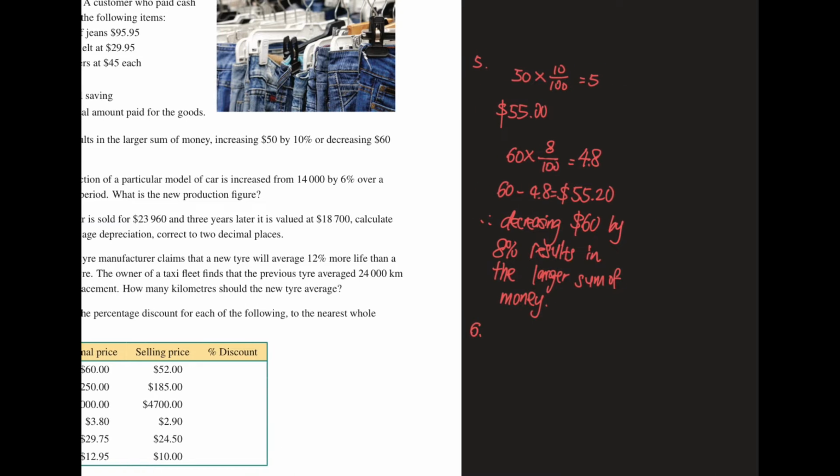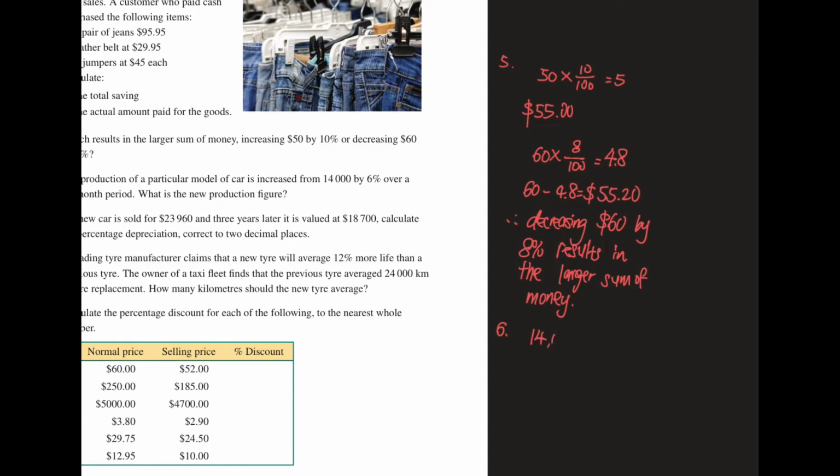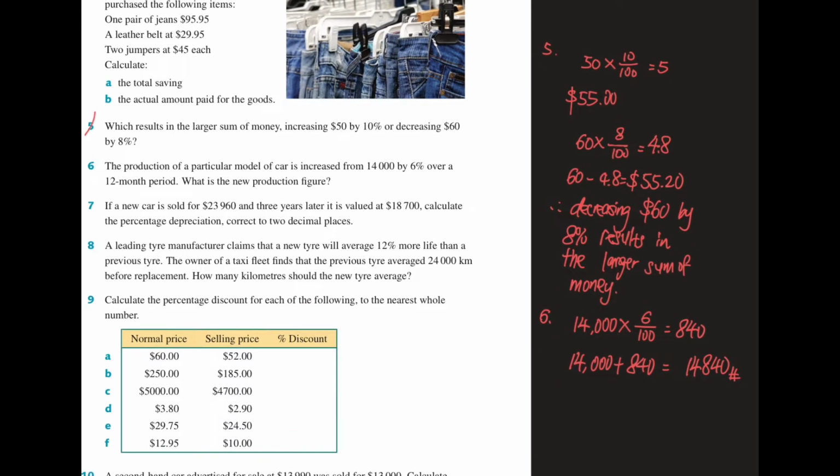So 14,000, 6%, then we get 840. So the new production figure is going to be 14,000 plus 840, which is 14,840. So this is the new production figure.